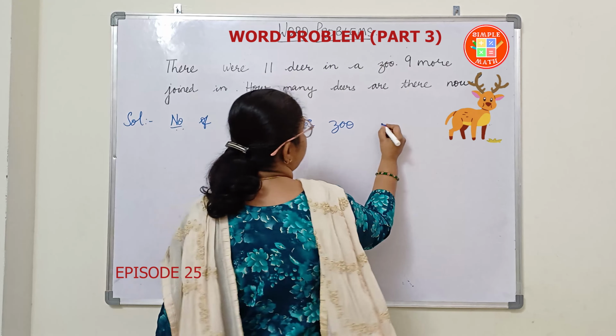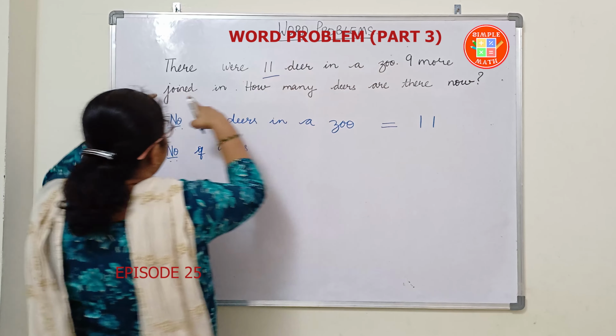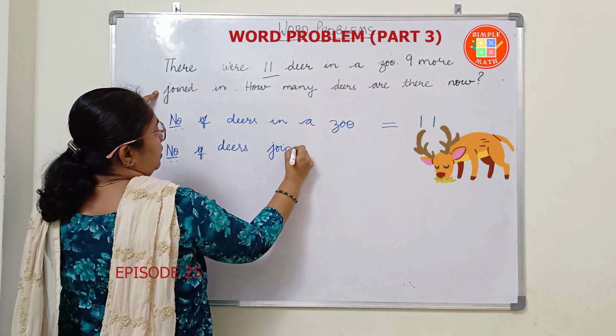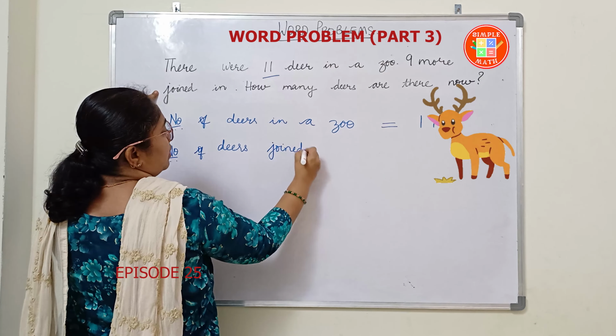So write 11. What is the next statement he gave? 9 more joined in. So number of deers, what you can write is joined, is equals to 9.